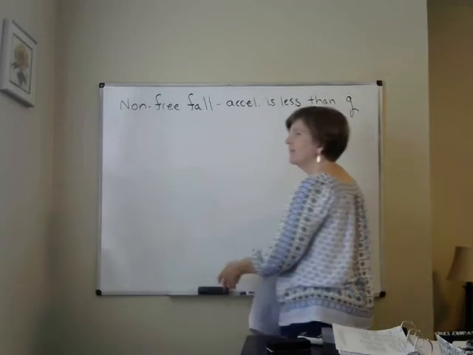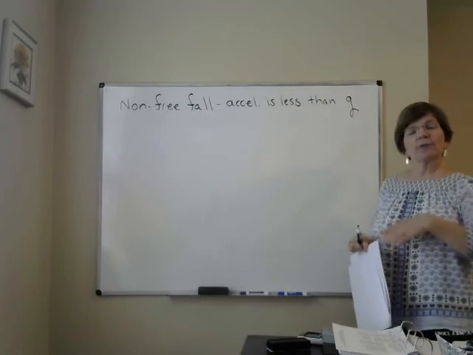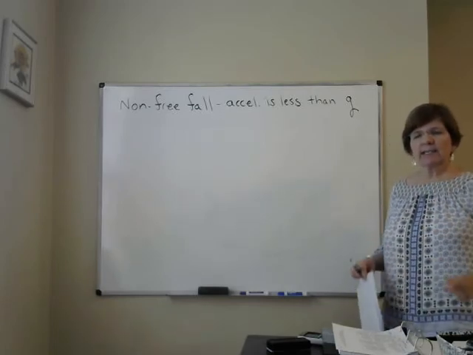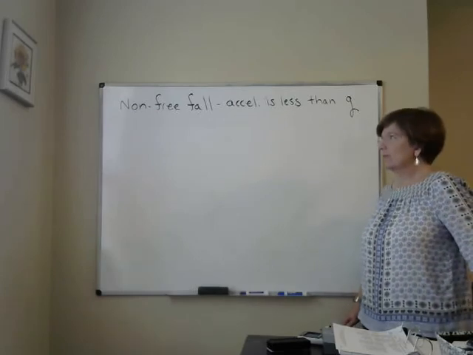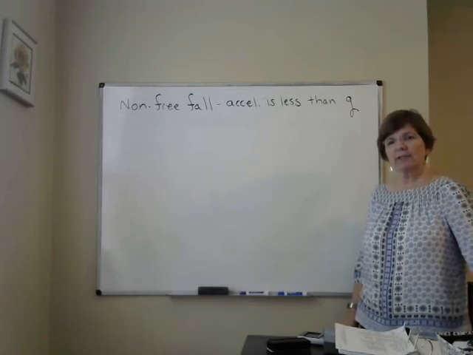If you drop a feather, unless you drop it in a vacuum, if you drop a feather in a vacuum, there's no air, it accelerates down at 10 meters per second squared. However, if you drop it in air, the air resistance matters.